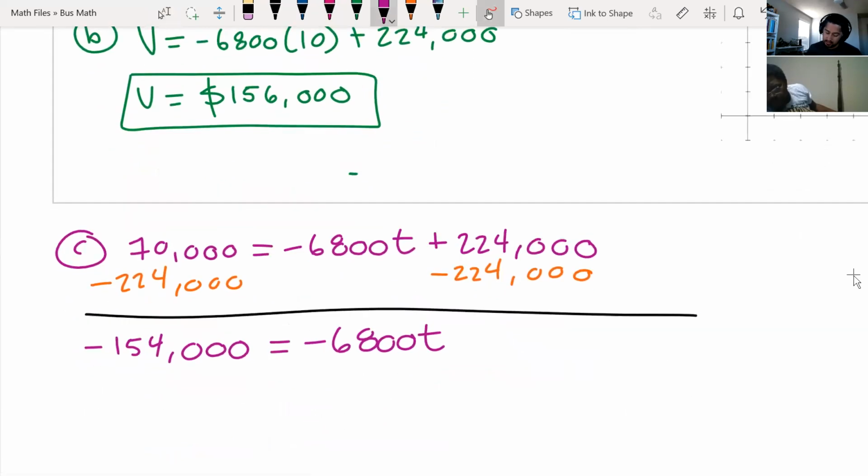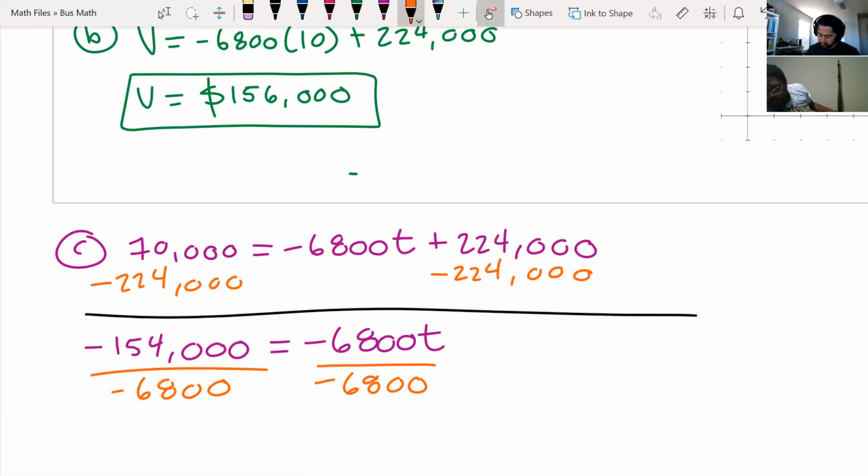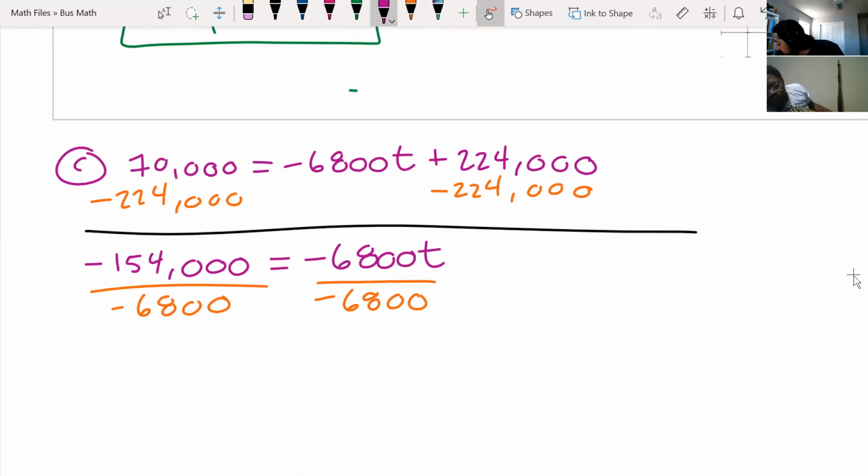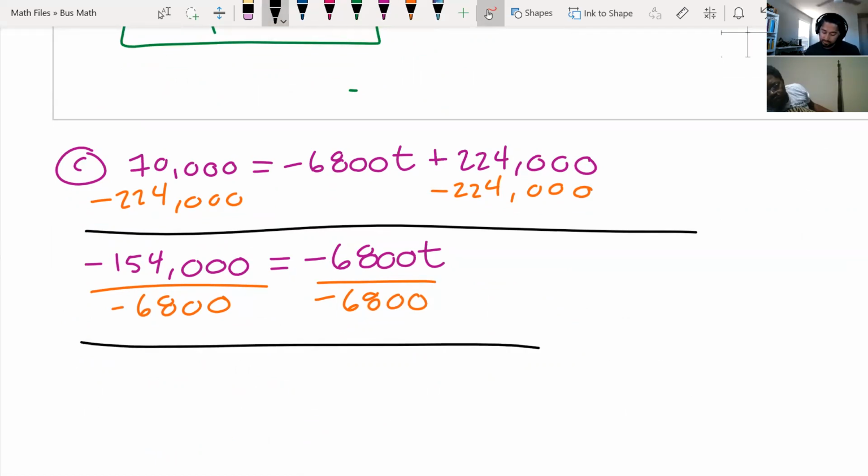And then just divide by negative 6,800. And we're going to round up. First off, let me separate the process again. I get 22.6 equal to T. So if we round that up, how many years? 23 years.